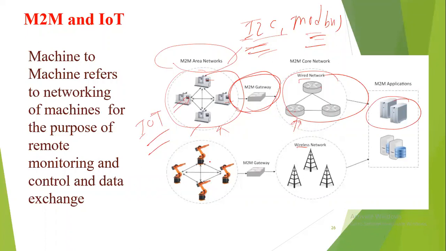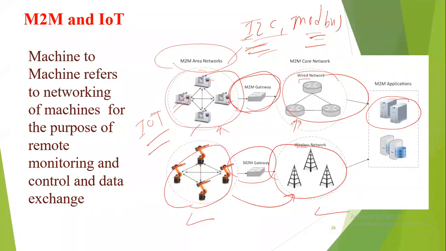Sometimes wireless technology is also used for connection. So this M2M wired connection is connected to the wireless network. Again, an M2M gateway is required to transfer the data from one M2M network to another network, and finally the data is sent to the user end. So that is how M2M, machine to machine, works. It is a vast topic.